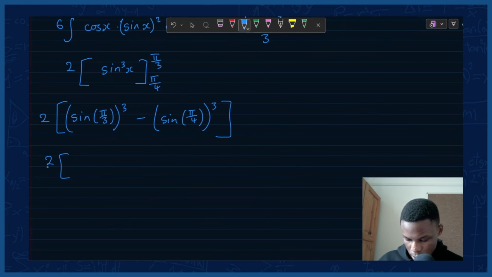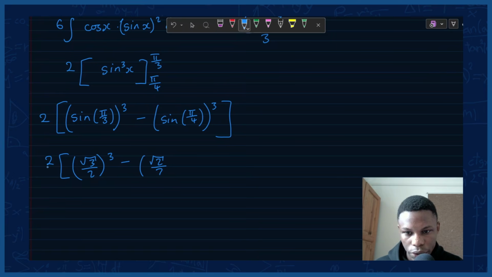So what is sine pi over 3? Make sure you're in radians. That's root 3 over 2. So this part that's inside, before we cube, is just root 3 over 2, and this is all cubed, minus, and then sine pi over 4. This is root 2 over 2, and this is cubed.